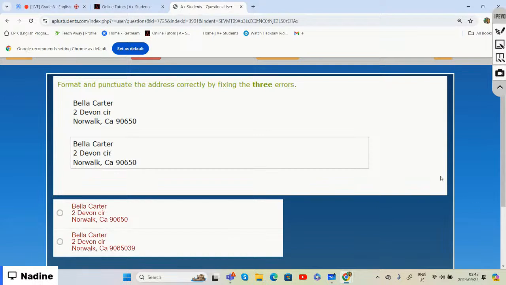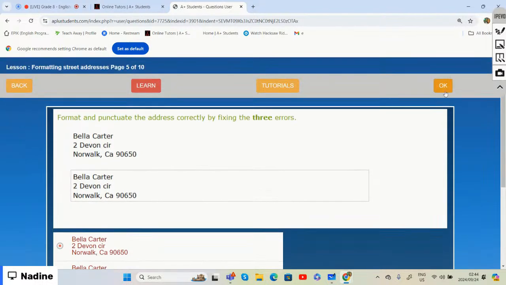And if we were to fix the three errors, then after CIR there needs to be a period. CA needs to be capitalized. And I don't know if Bella Carter needs to also have a Mr. or a Miss or something in front of it, right? But we'll go with the first one.